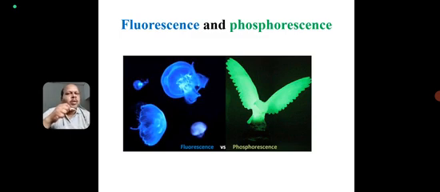And we have also seen some watch dials and sometimes glowing toys which glow in the night. This phenomenon is called phosphorescence. So let us see what actually happens at the molecular level.